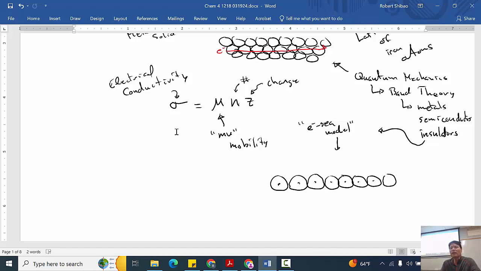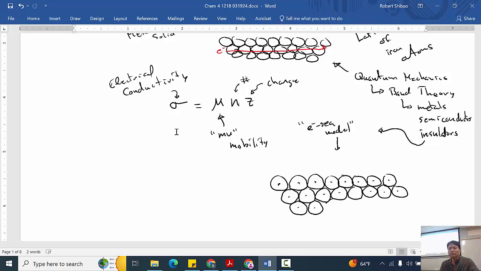Now, when we think about electricity, electricity doesn't have to be electrons. The origin of the name comes from electrons, but it doesn't have to be electrons, because we could have positive particles rather than negative particles transporting the electricity.